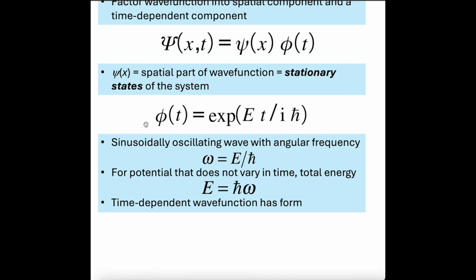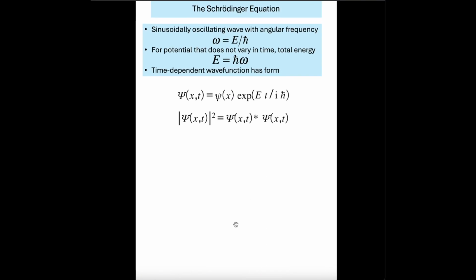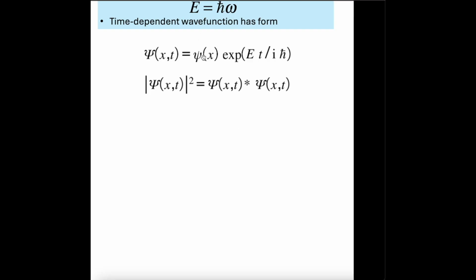Well, it turns out it simply is an exponential function, the exponential of energy times time divided by i times h bar. So this temporal part looks like a sinusoidally oscillating wave with an angular frequency omega, or a total energy, which are both given by that relationship E equals h bar omega. And the time-dependent wave function just looks like the spatial part times this simple exponential.